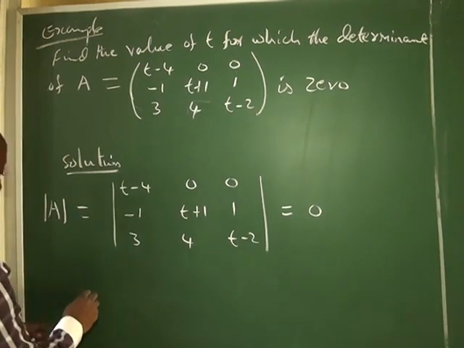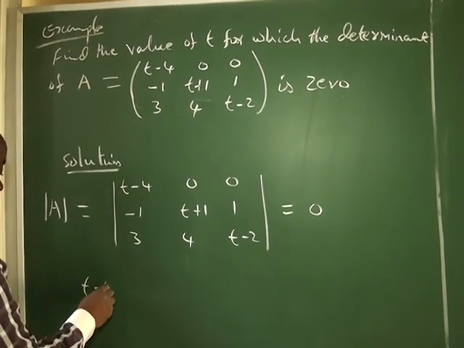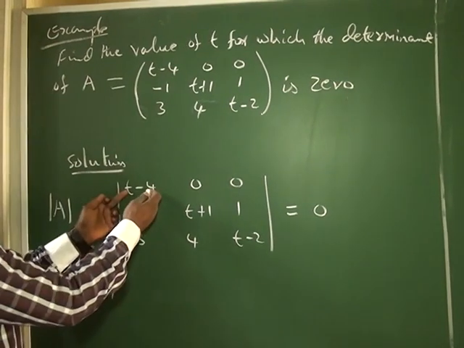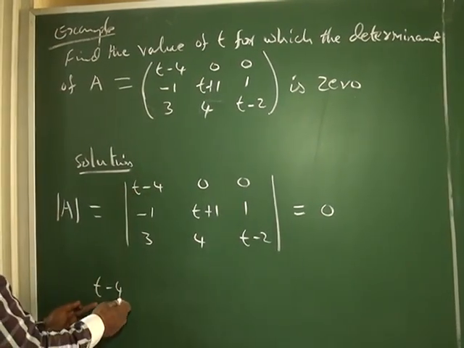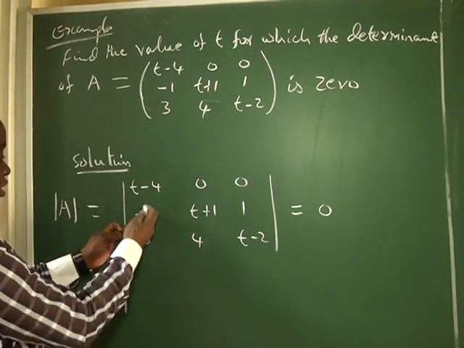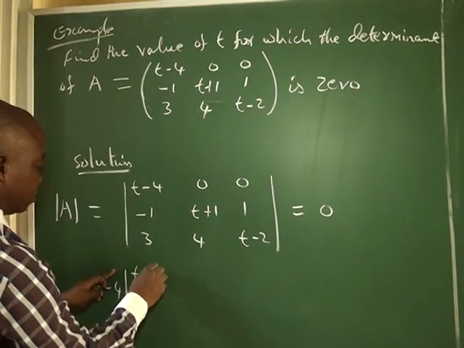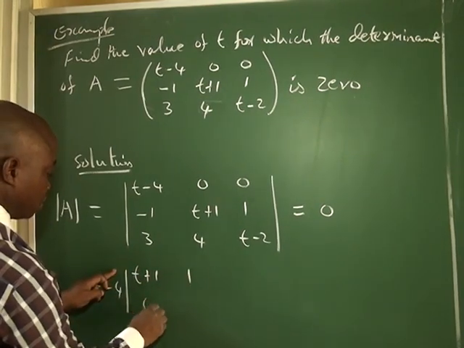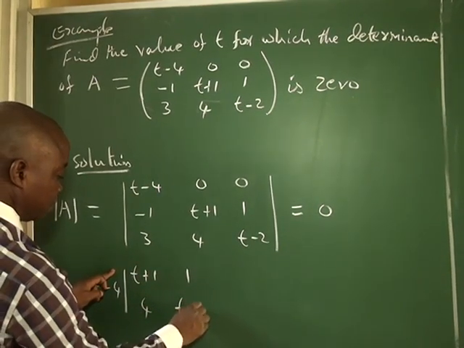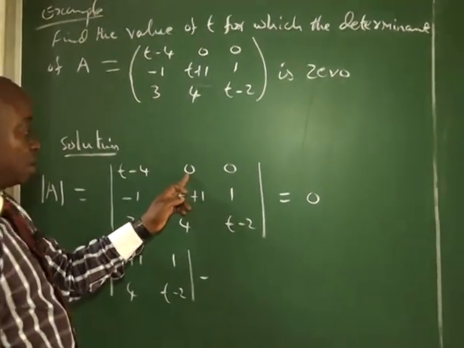So here we have t minus 4, that is, we bring out this. Then, after ignoring these elements in the column and in the row, what we have is t plus 1, 1, 4, t minus 2, minus 0.